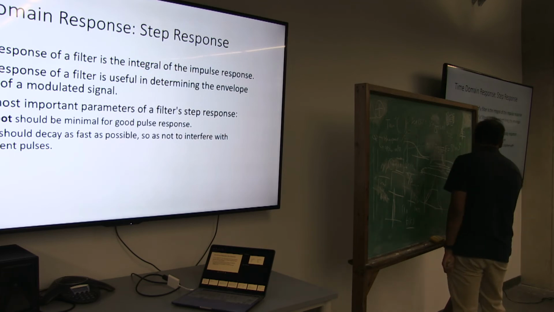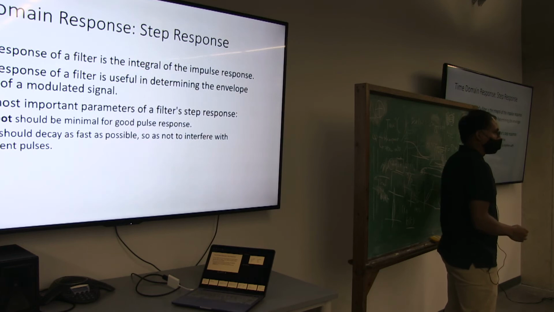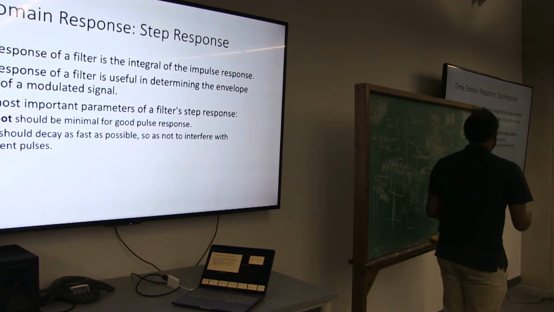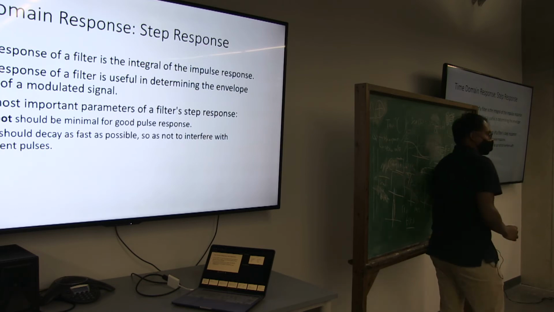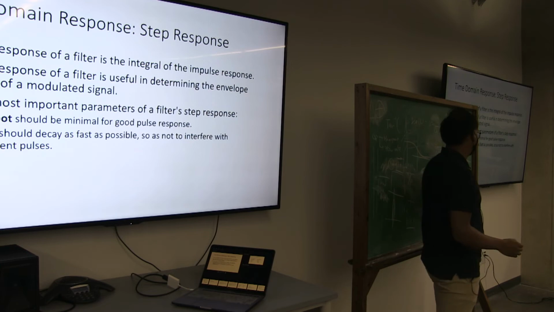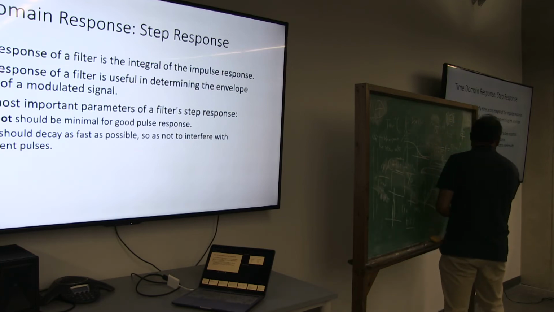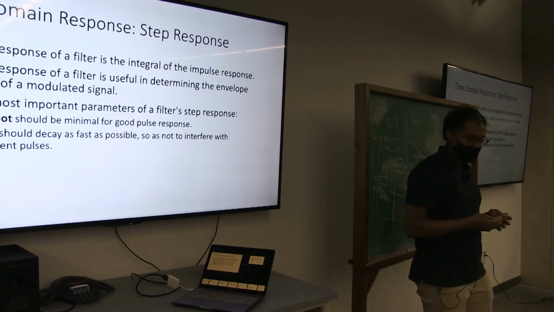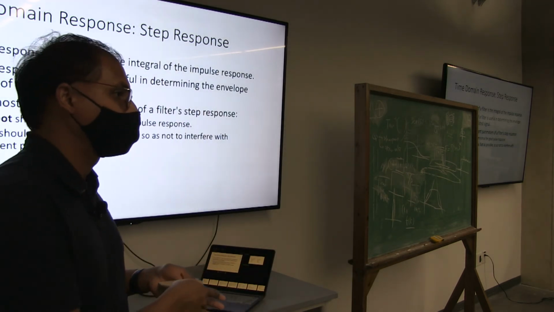If we give a standard step to the input of the filter, there will always be a certain overshoot and there will be ringing for it to settle. We will never have an ideal kind of filter. So the overshoot and ringing again will give us insight into what kind of filter it is.